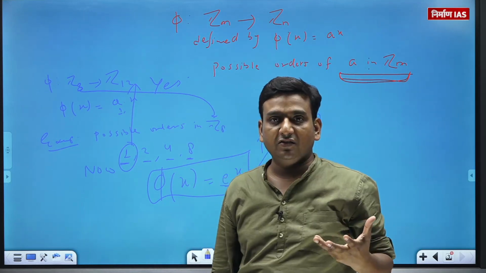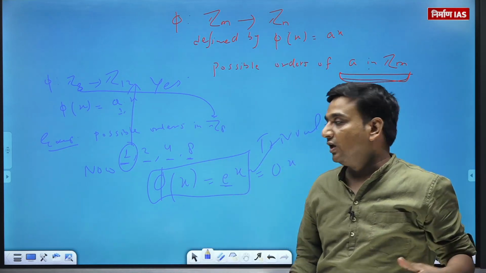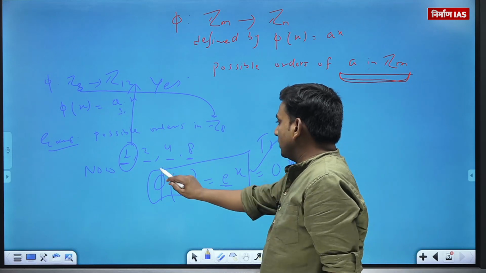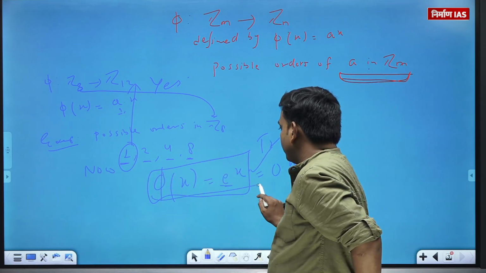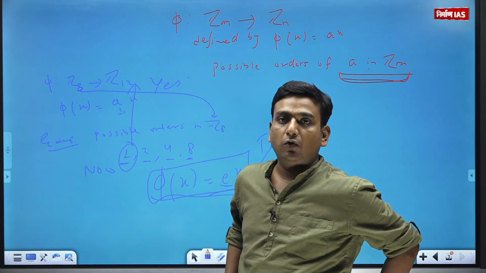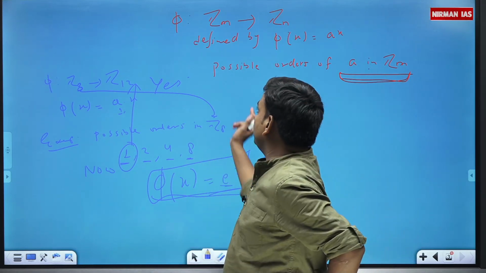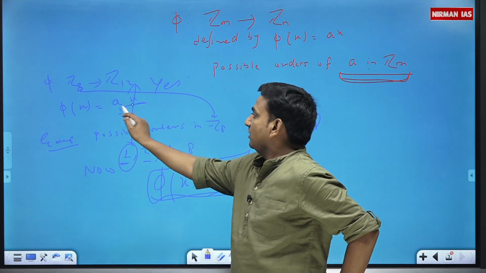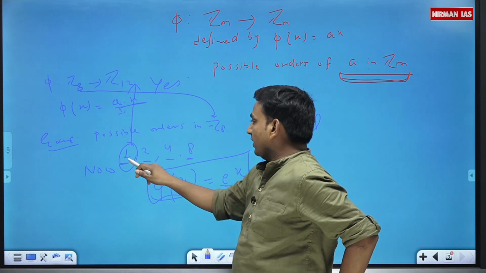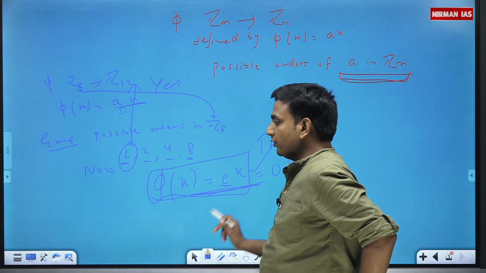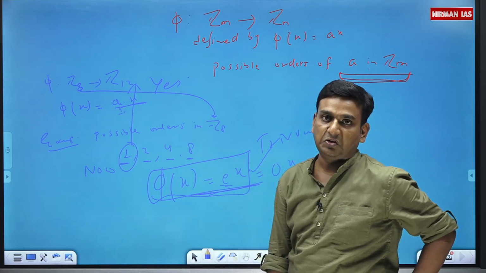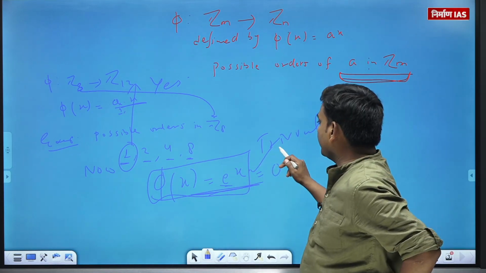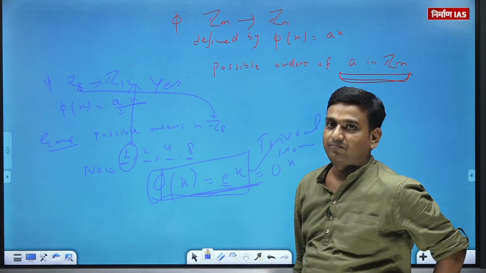You may have matrices, you may have composition of functions. So for order 1, if I want to define a homomorphism phi of x equals ax, where the order of a is 1, then the homomorphism will always look like phi of x equals ex, and that is called the trivial homomorphism.